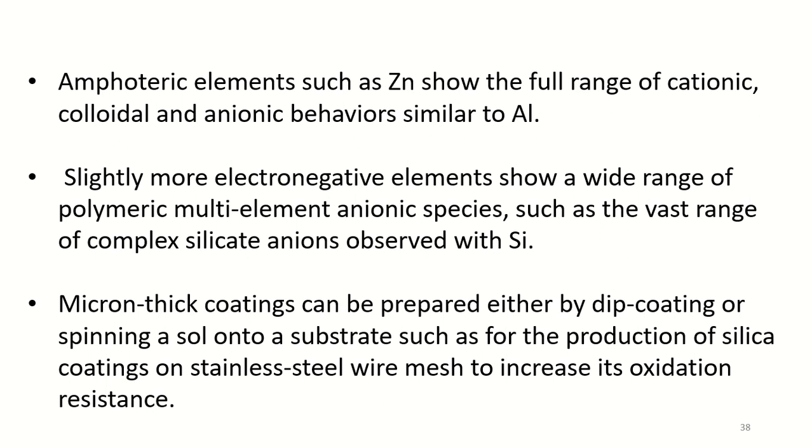Numerous other elements of the periodic table with intermediate electronegativity also show complex aqueous solution chemistry. For example, amphoteric elements such as zinc show the full range of cationic, colloidal and anionic behaviors, which is quite similar to aluminium.